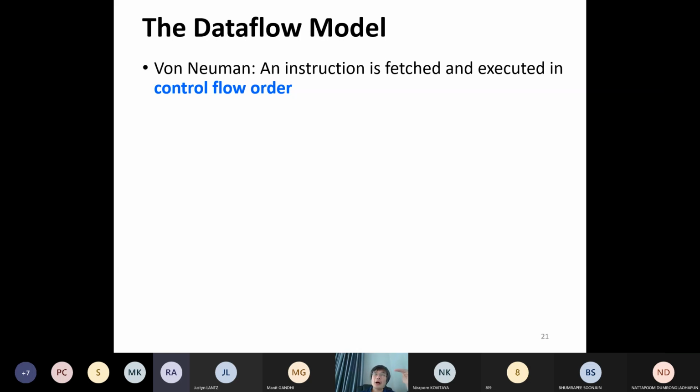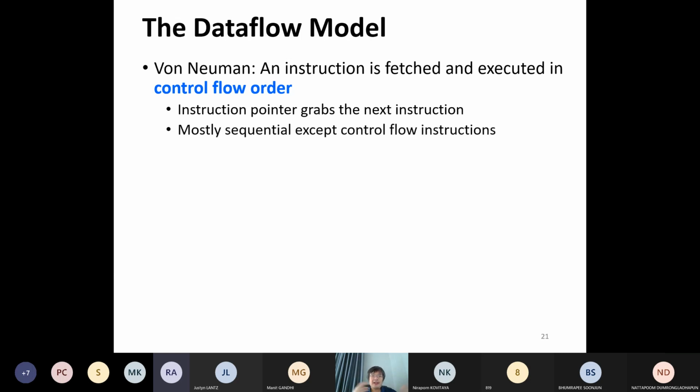There's a strict ordering of which instruction comes first and which comes next. In a CPU, there's an instruction pointer that grabs the next instruction. If you have if else or a for loop, you go based on the condition. In a for loop, you check the condition: if true, keep running; if false, get out of the loop and go to the next line.